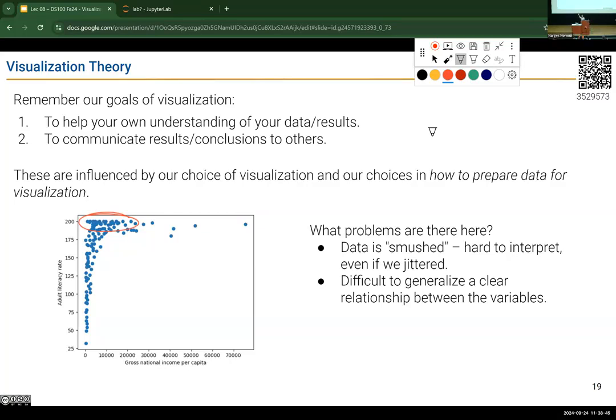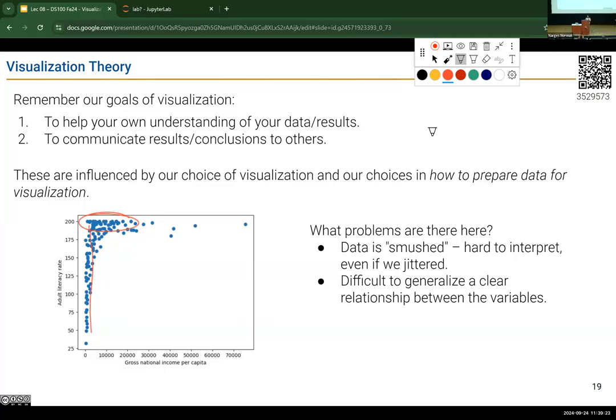The other issue is that with this data, it's really hard to have a model that's generalizable. We're going to talk about generalizability a little bit in the modeling lectures, but basically, if I want to model the trend in this data, just looking at the distribution, I might think that the trend is this vertical line, which would say that the adult literacy rate does not depend on the GNI.